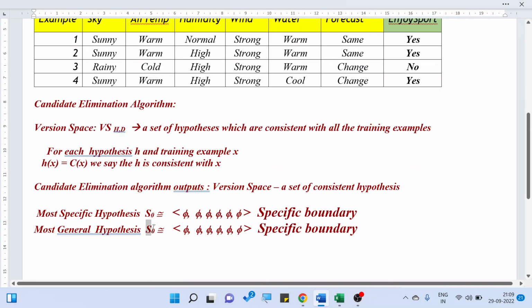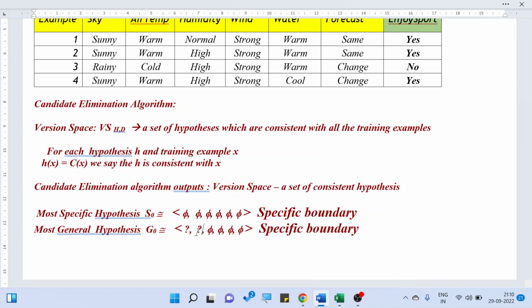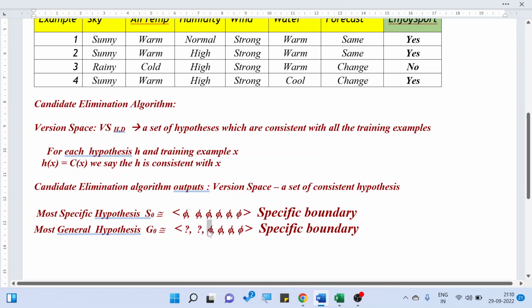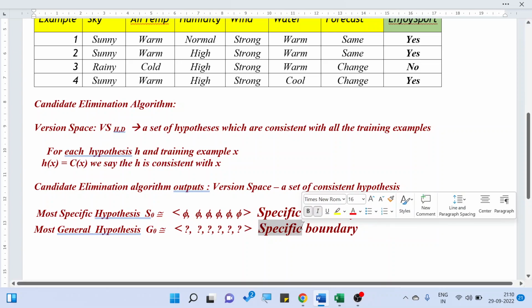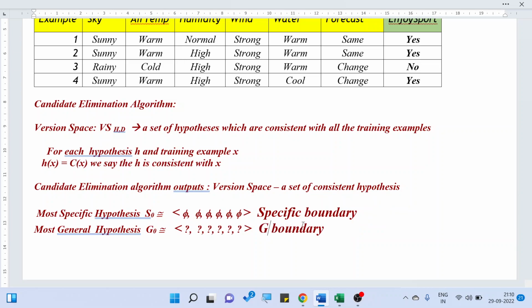The most general hypothesis G0 means on any given day, in any situation, he will enjoy the sport. So we will accept any value in the hypothesis. Whereas the most specific boundary means he will not enjoy the sport at all, whatever may be the situation.